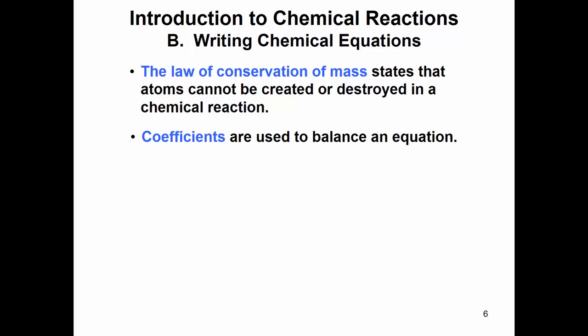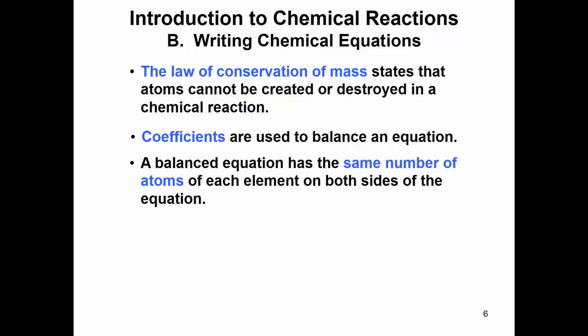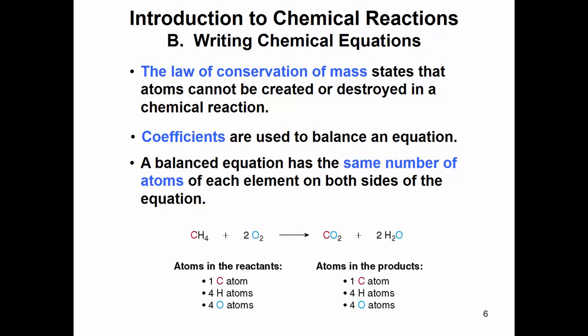The law of conservation of mass states that atoms cannot be created nor destroyed in a chemical reaction. That may seem a little unusual right now because I just told you that we break bonds and form new ones, but no matter is lost. We use the coefficients out front to balance the equation, and you're going to have the same number of atoms of each element on both sides of the equation.